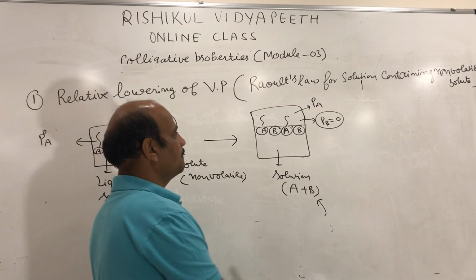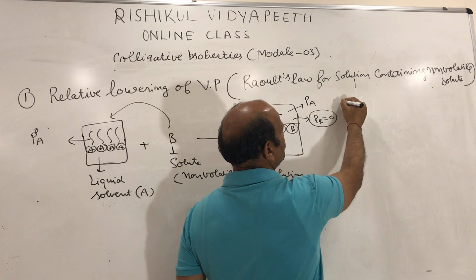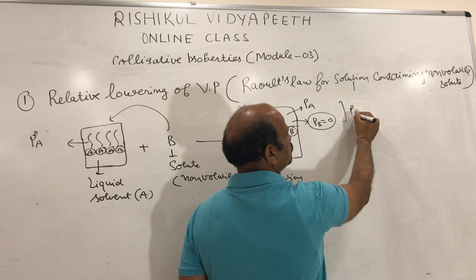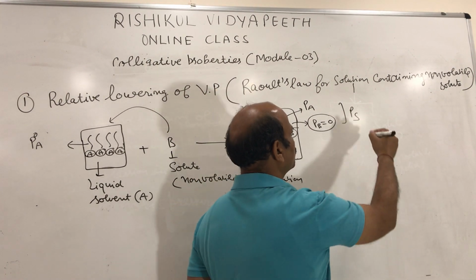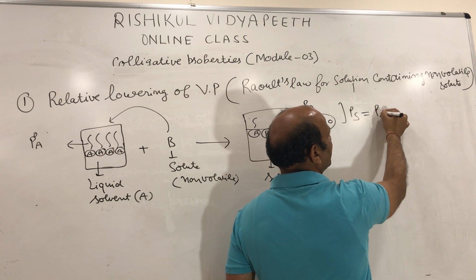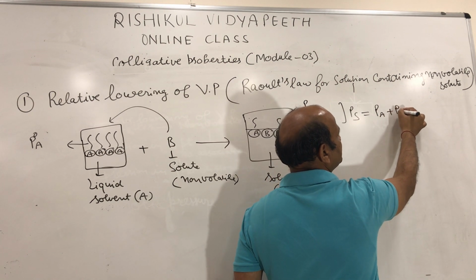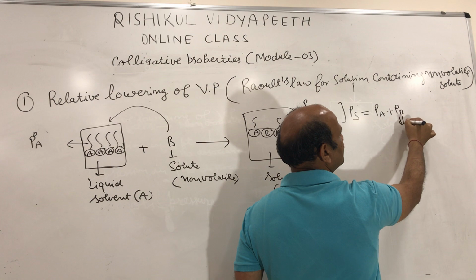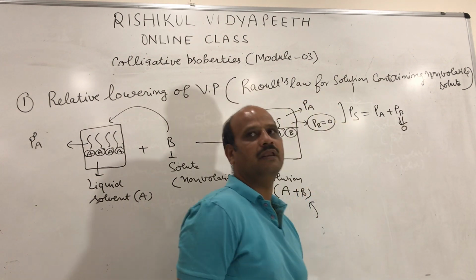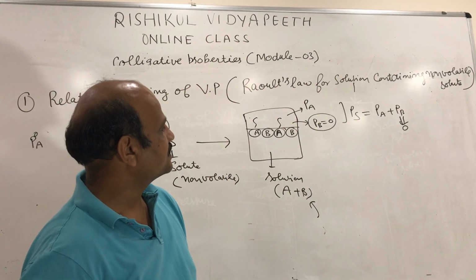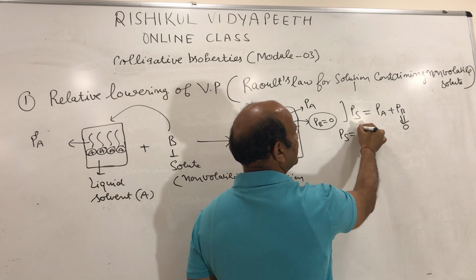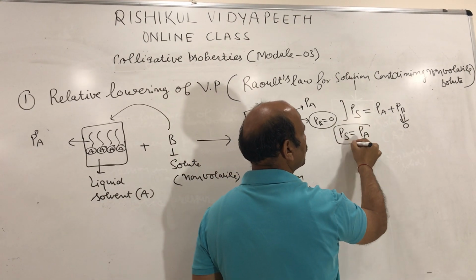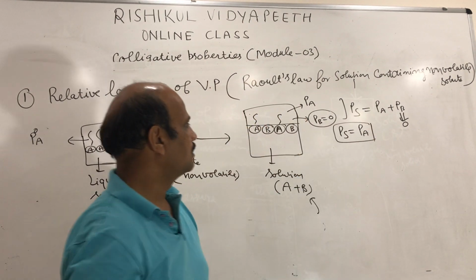The vapor pressure of solution, PS, is PA plus PB, and since PB is 0, it equals the vapor pressure of the solvent.